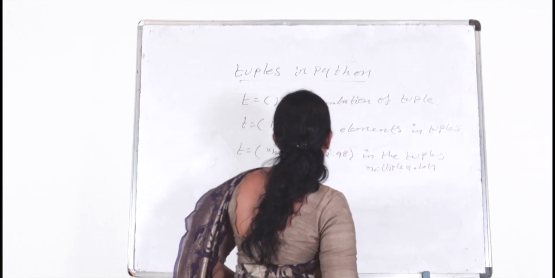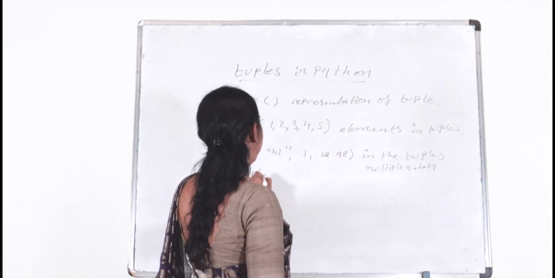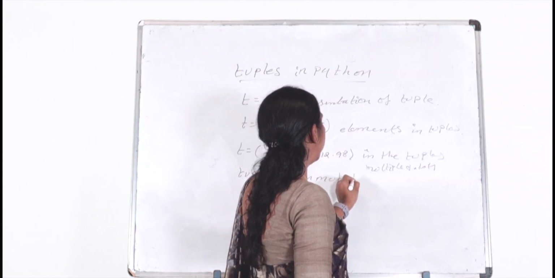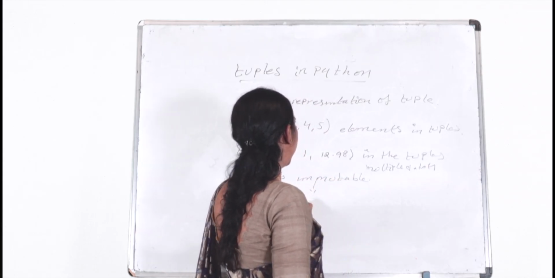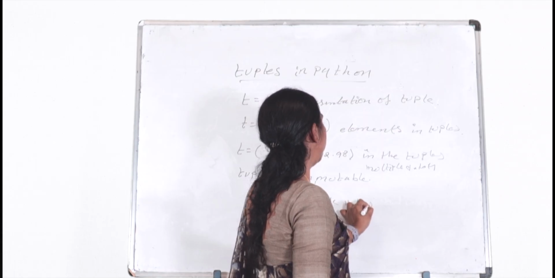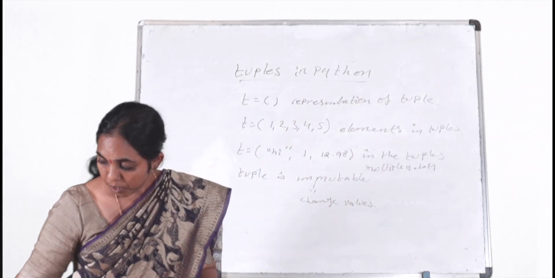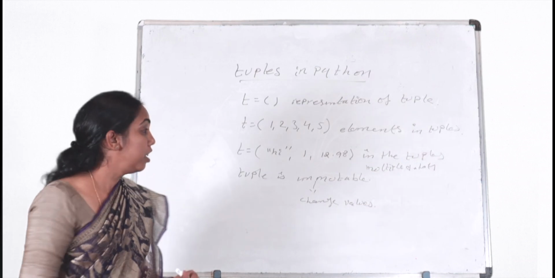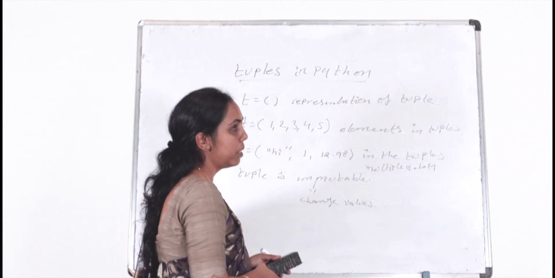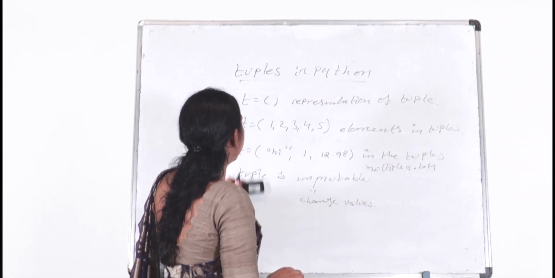And one more important thing about a tuple is that a tuple is immutable. Immutable means we can't change the values. That is called immutable. We can add multiple data types in a tuple, pass elements separated by commas, and represent it with brackets.